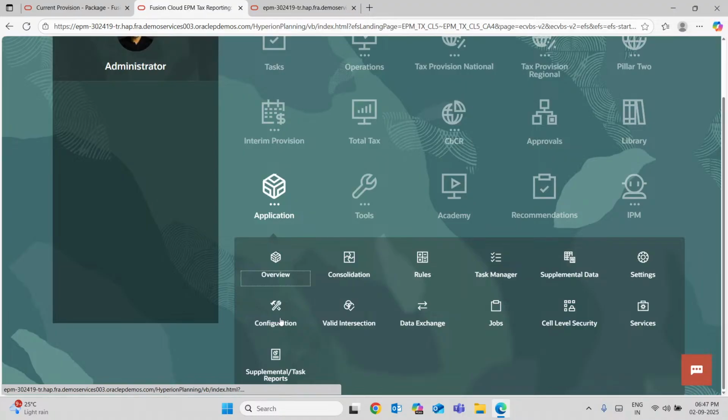Now the next one we have here is we are gonna go to the configurations, that will be under application, tax automation. Then under this we are gonna go to our book data.